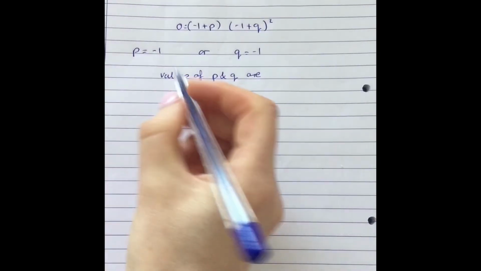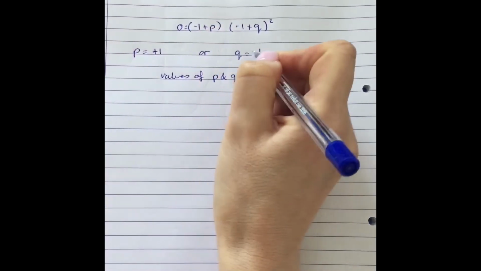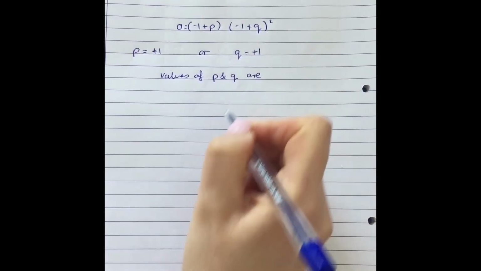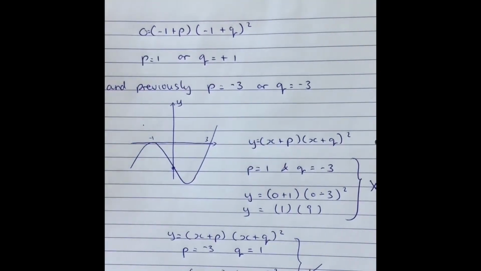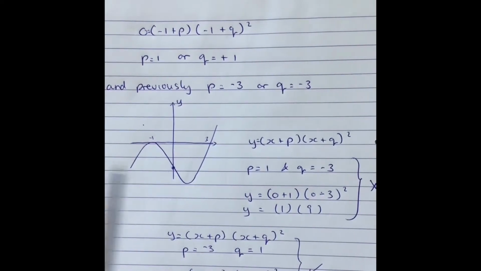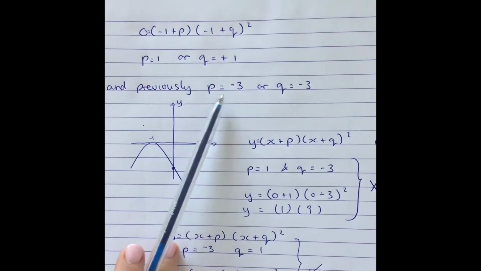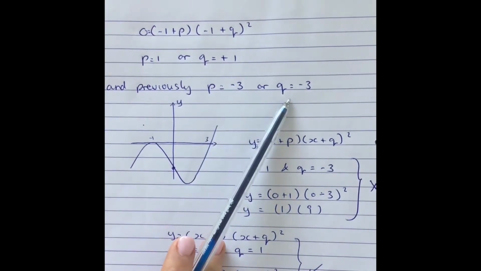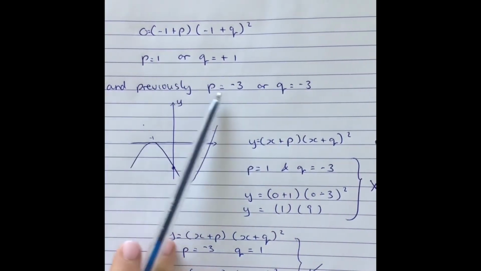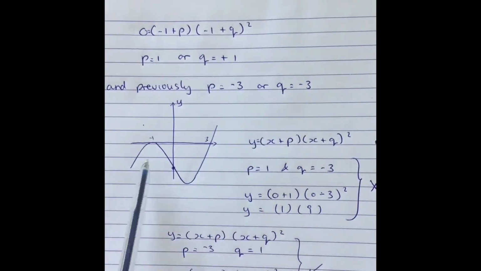So that would mean that p is equal to positive 1, or q is equal to positive 1. So basically, we want to know p is 1 and q is 1, or p is minus 3 or q is minus 3. P can't possibly have two values and q have two values when it's just a quadratic curve.